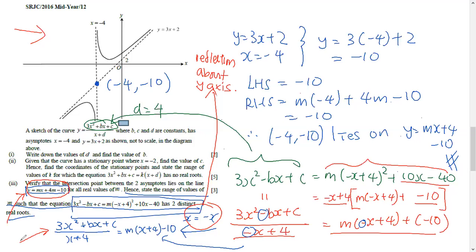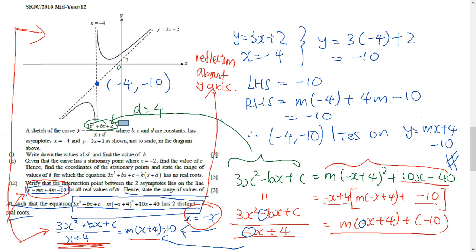This is what we have in the diagram here. If you take a closer look, this is the left hand side, the graph that I already have. How about the right hand side? The m value is unknown. Correct, the m value is unknown.